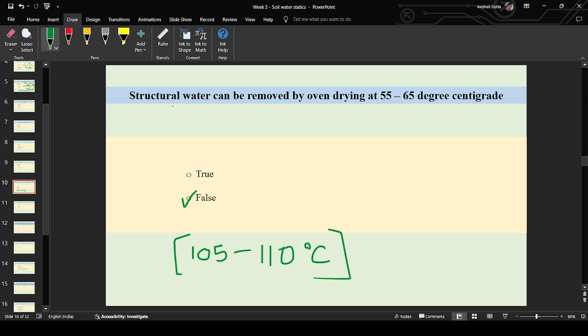But is removing structural water our motive while we do that? When we oven dry a soil sample before any laboratory test, is removing structural water our motive for doing that? Yes or no?